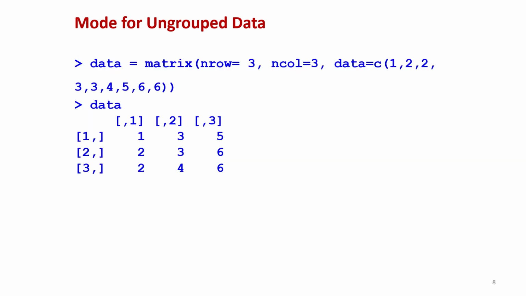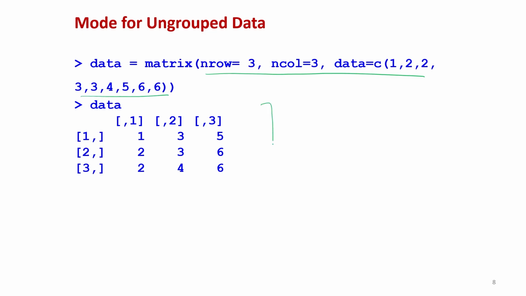Now let me show you how to find the mode if the data is given in the form of a matrix. A data set can be stored in different formats. For example, here the data is in a 3 by 3 matrix.